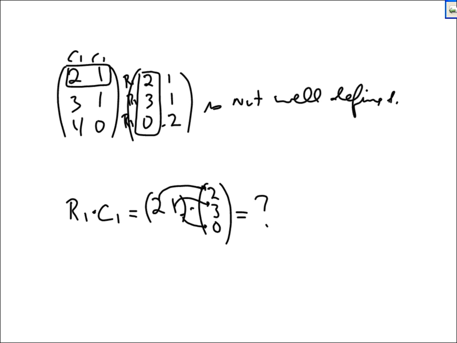Now, I think I got physically ill when my teacher did this because every time up to now when we were talking about matrix multiplication, the left matrix we always talked about rows. Take the first row, dot it with the first column.